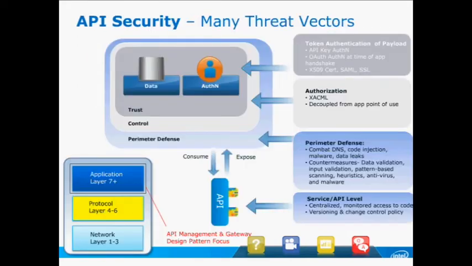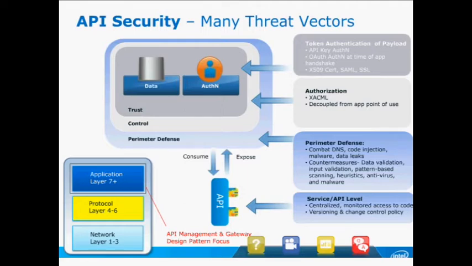And security in general is a big concern. Again, as you're moving from one monolithic application to a number of APIs, internal and external facing, that potentially increases your attack surface dramatically.